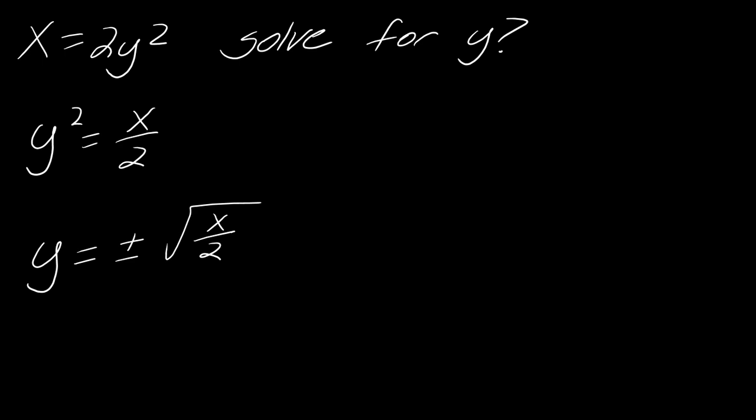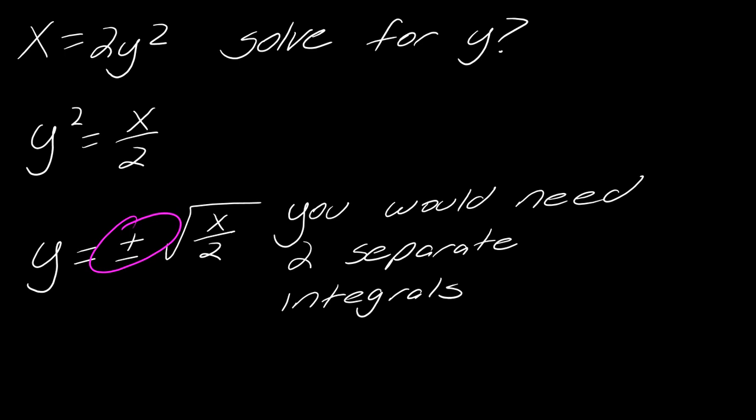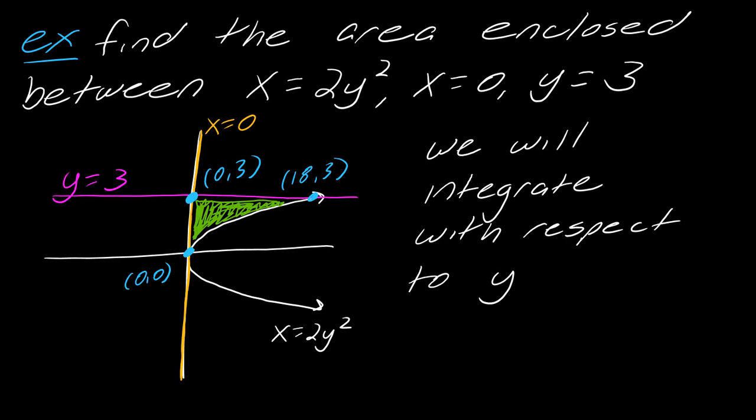This is just getting more complicated to actually integrate, and it's separating. This is going to create two separate integrals, so it just adds another layer of complication. It's going to be a lot easier, even though it seems kind of weird, just to keep everything in terms of y. So we're going to integrate with respect to y, and I'm just going to show you how that looks now.